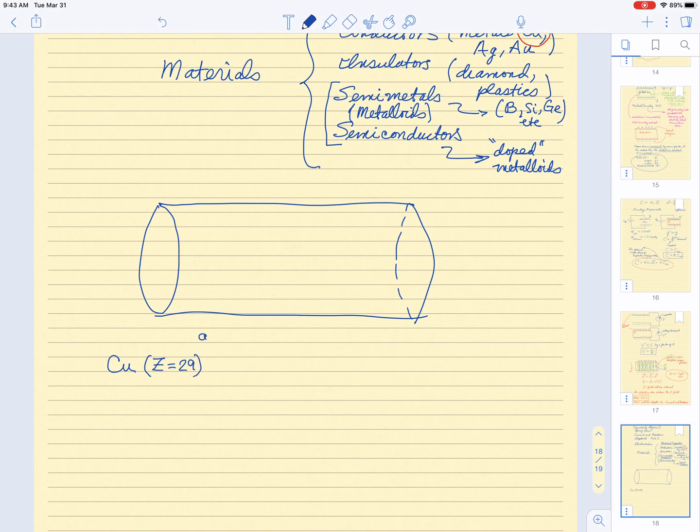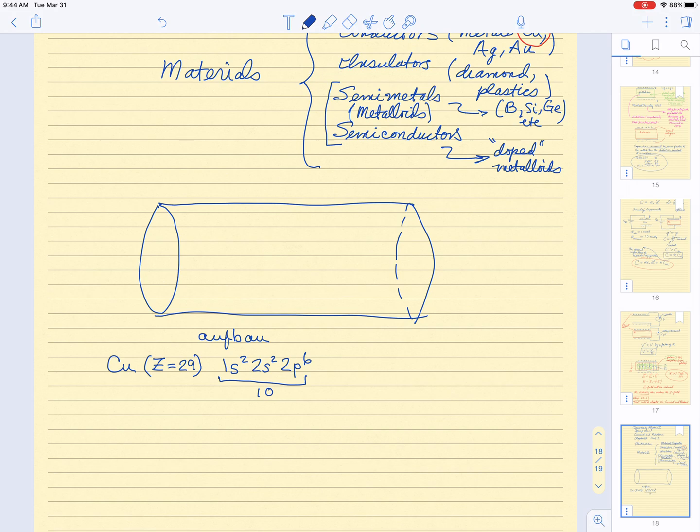And if we were to do the Aufbau principle on copper, that is, if we were to fill the orbitals, then we would have 1s2, 2s2, 2p6, and that's 10 electrons.